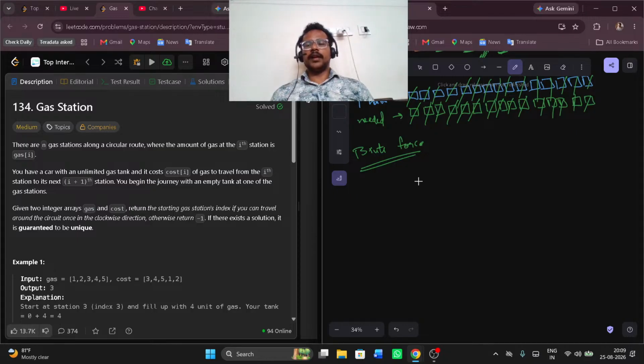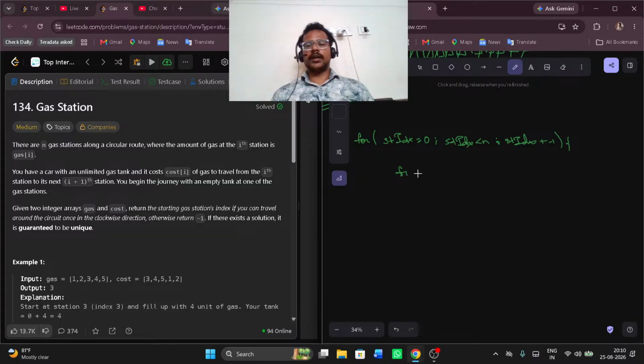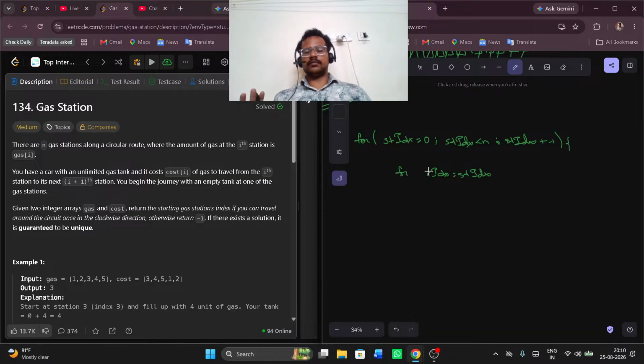I'm thinking like int starting index is equal to 0, and starting index should be less than n, and starting index will be incremented. Now I will have current index that will be equal to starting index. I'm just taking the current index.